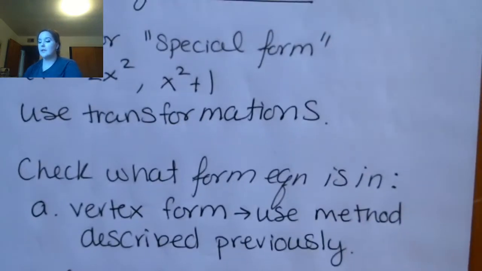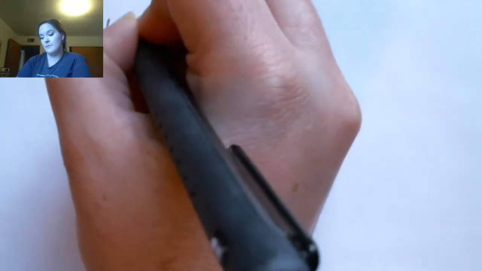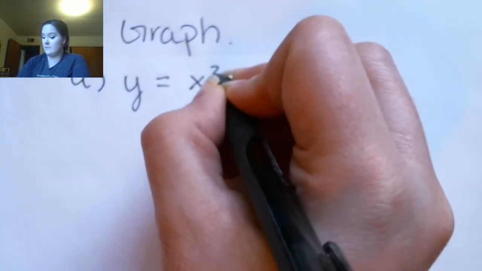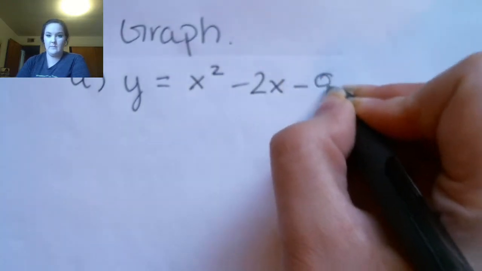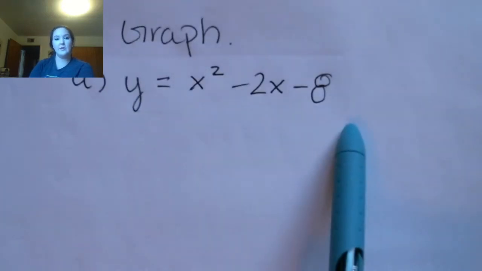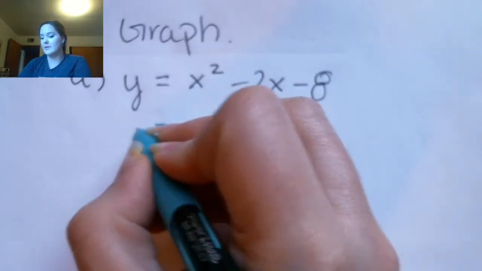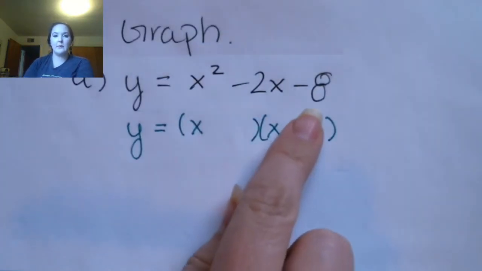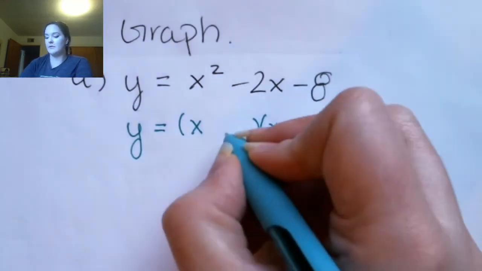All right, so let's see an example of looking at some that are in standard form and deciding what method we should use. The first thing I'm going to do, I know this is standard form, I'm going to try factoring this. Is there anything that multiplies to -8 and adds to -2?